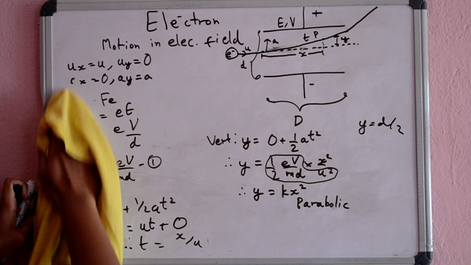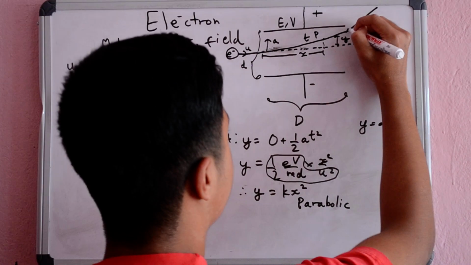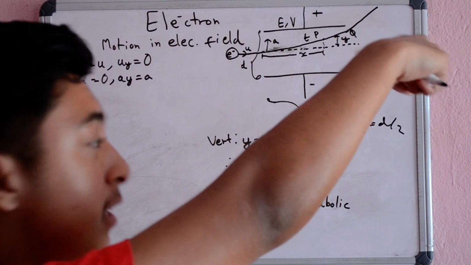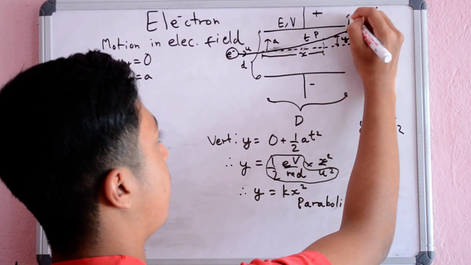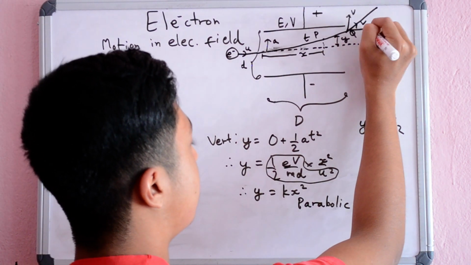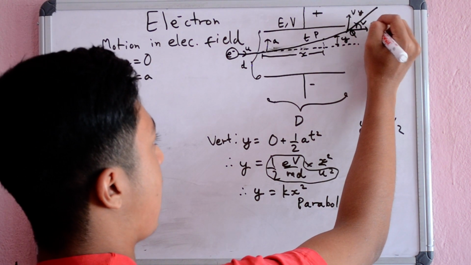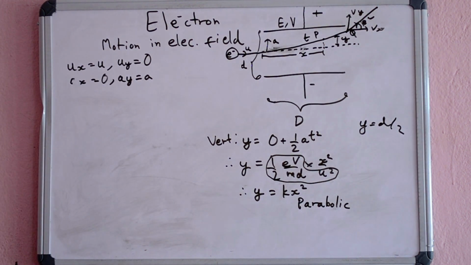Now let's just say another point at point Q, at which it just escapes the electric field, thus it gains a velocity v, but it will also have a horizontal velocity and a vertical velocity, vx and vy respectively, and let's say this angle is beta, right?